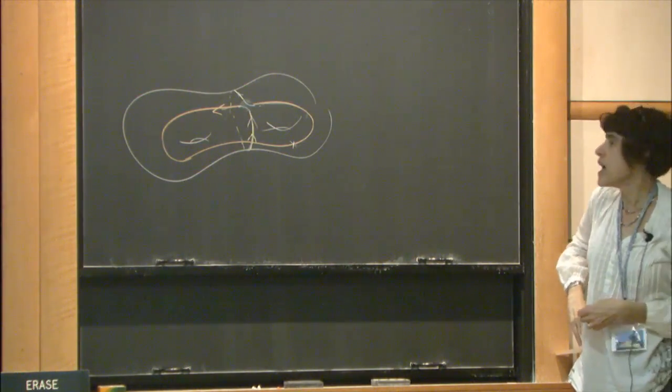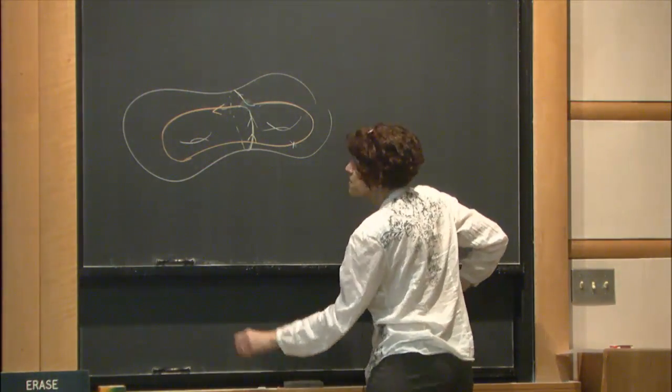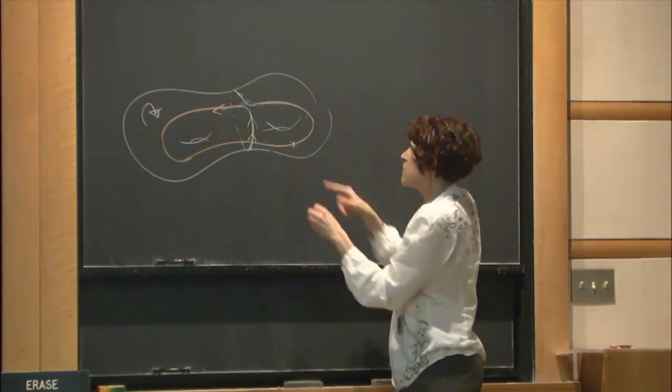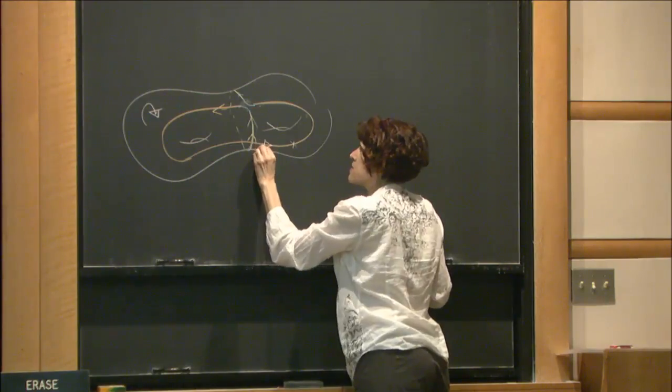Okay? And then how does the plus and minus go? So my surface is oriented. Say here we have this orientation. And let's look at this point because this is slightly messed up. So here my curve goes like this.